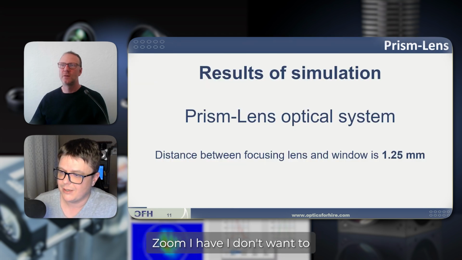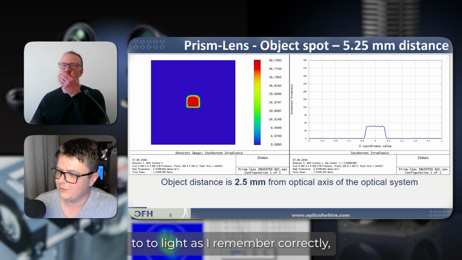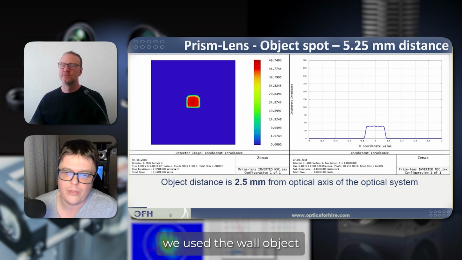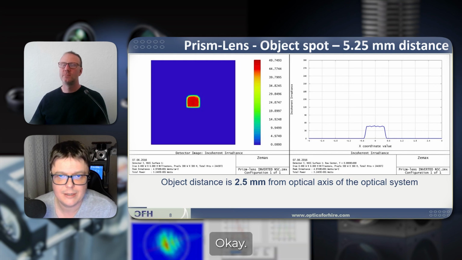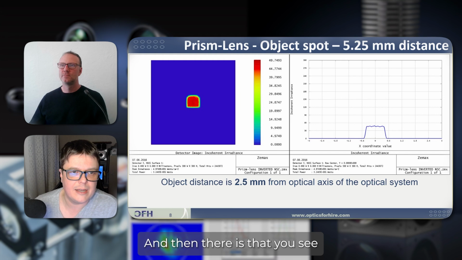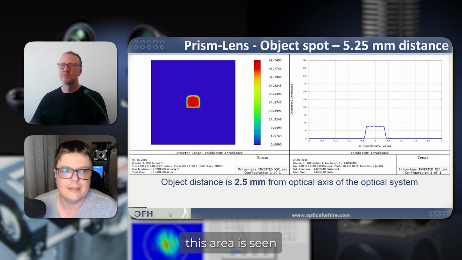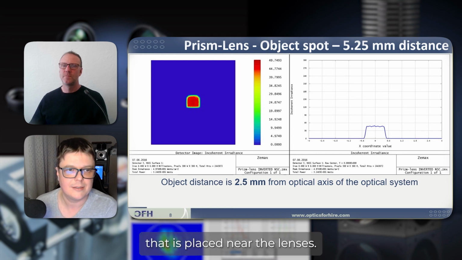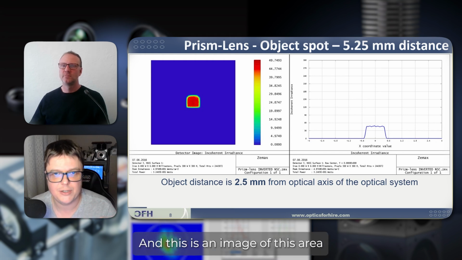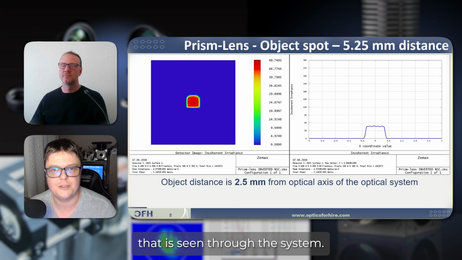As I remember correctly, we used the whole object distance area to generate rays. And then the area that you see is seen by the sensor placed near the lenses. This is an image of the area that is seen through the system.